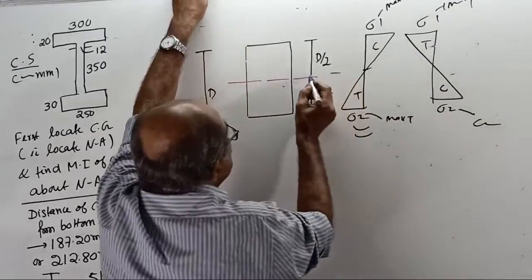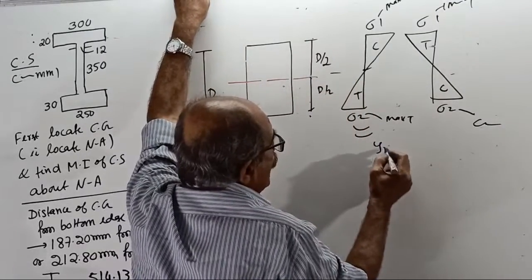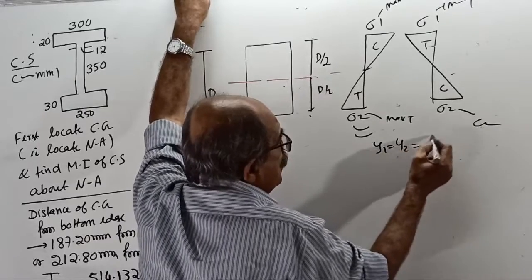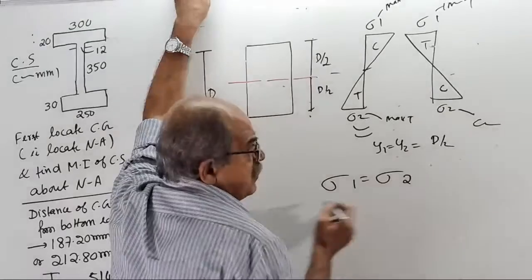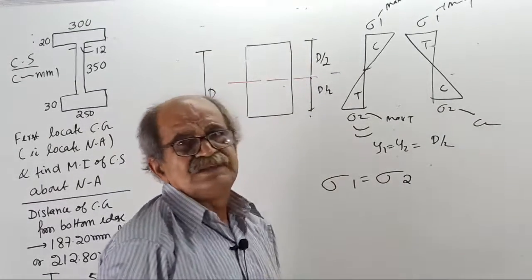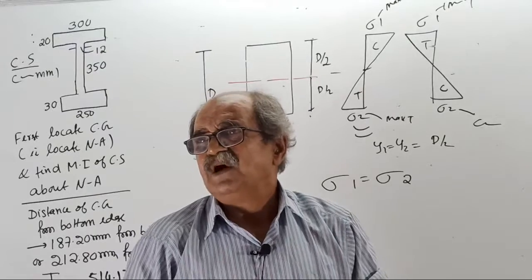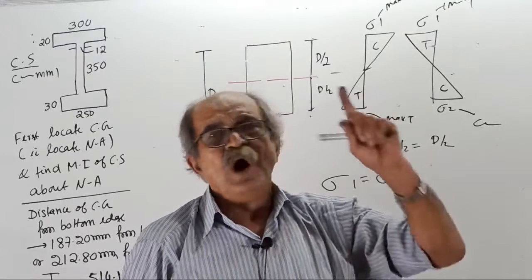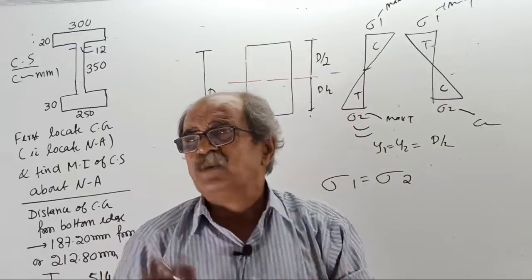Now, since your y upper side is equal to y lower side, y1 equals y2 equals D by 2, your sigma 1 will be equal to sigma 2. Therefore, irrespective of sagging or hogging BM, maximum stresses will be at the extreme fiber. How much is the maximum compression? Same will be maximum tension.